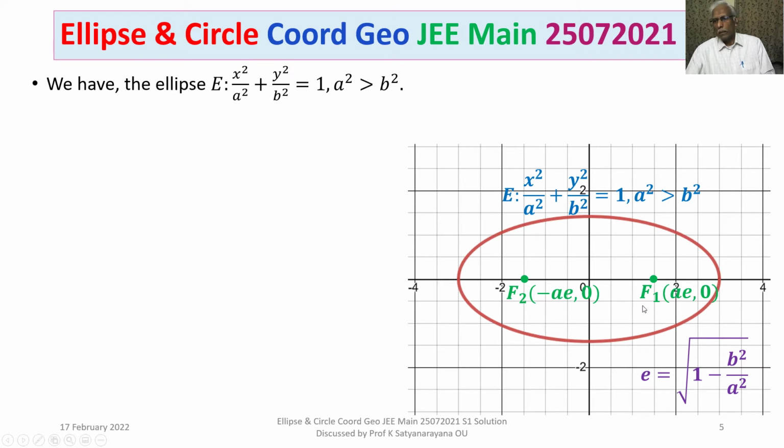Note that the focus F1 is on the positive x-axis because A greater than 0 and E greater than 0.